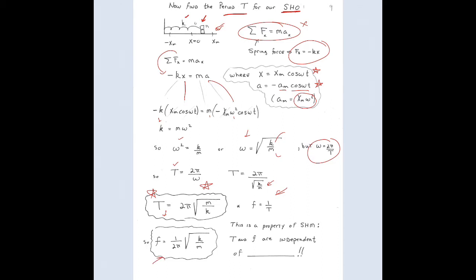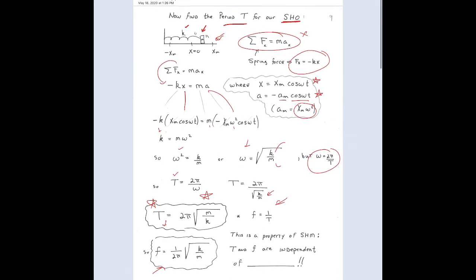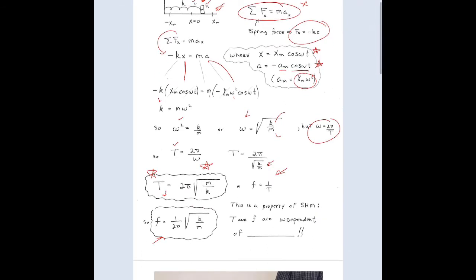So if I take a mass and a spring off the shelf and oscillate them back and forth, or up and down, it only depends on the mass of the block and the spring constant. This is an interesting result. Here's a property of simple harmonic motion: both the period and the frequency are independent of a variable that you would expect to be in these equations.